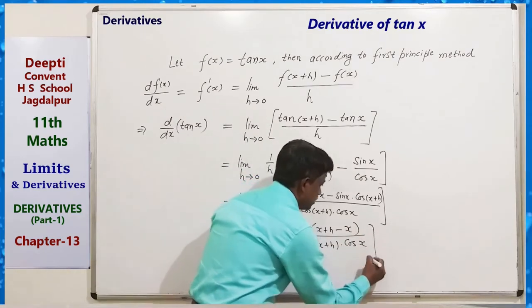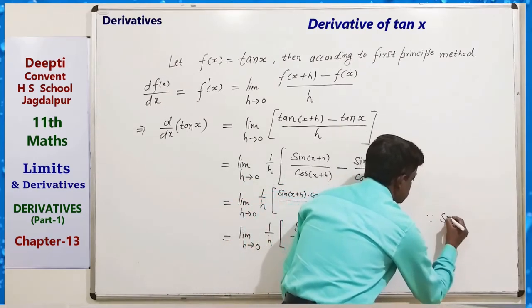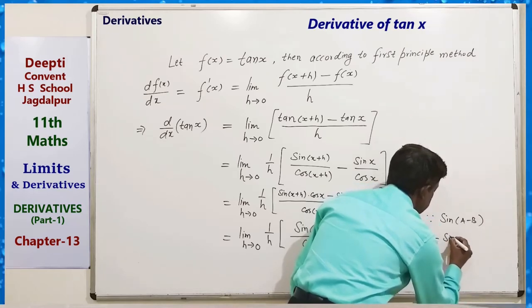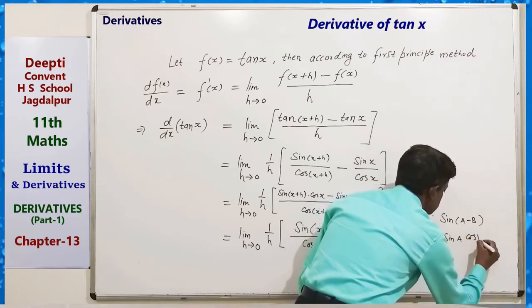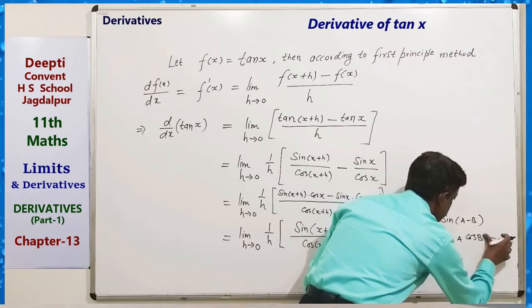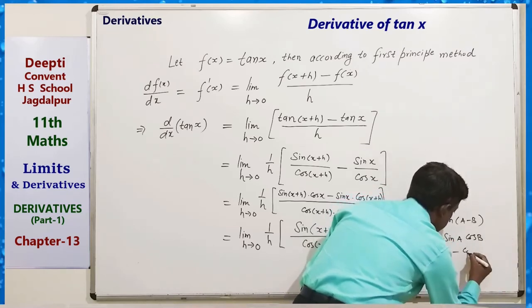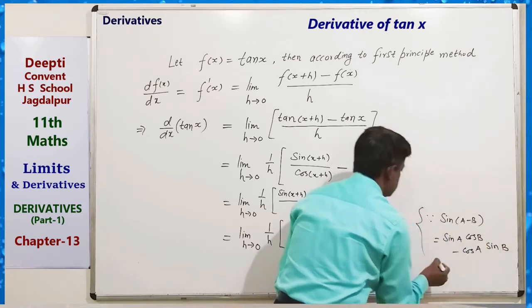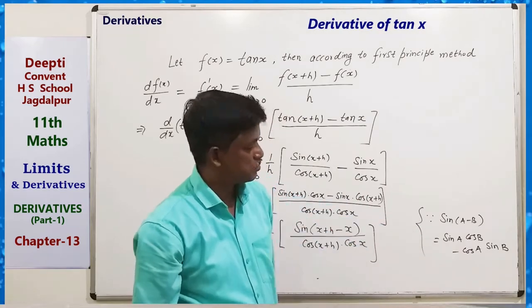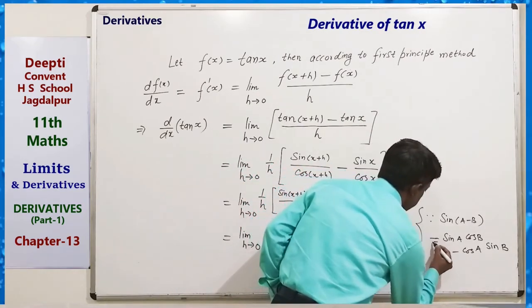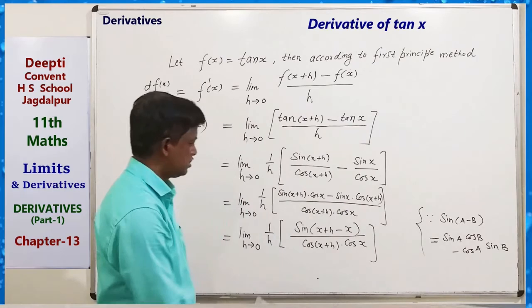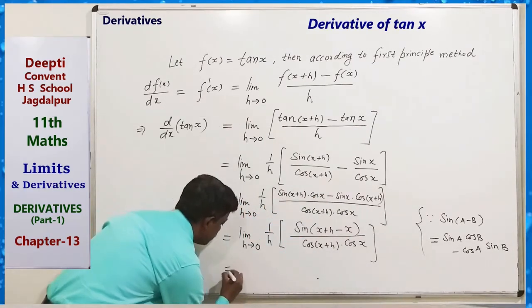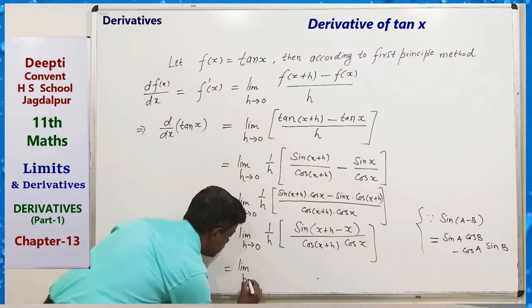Since sin(a minus b) equals sin a cos b minus cos a sin b, just use it here. This is a, this is b. The x cancels in sin.